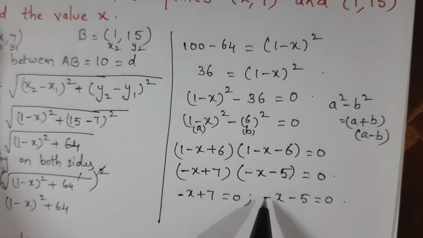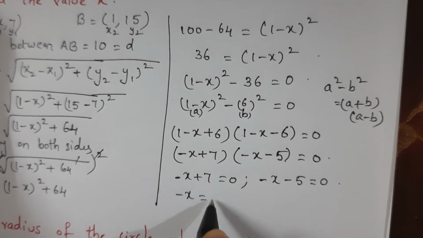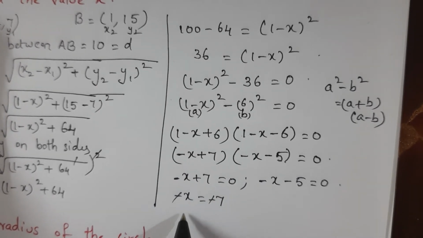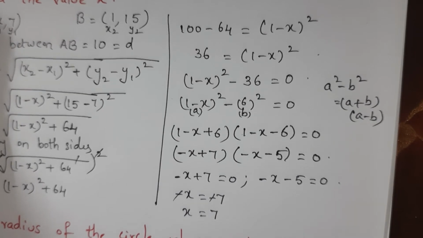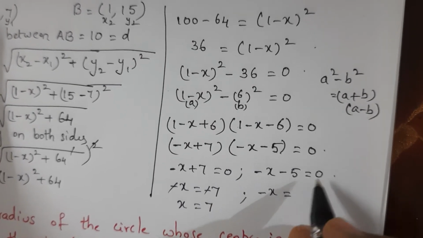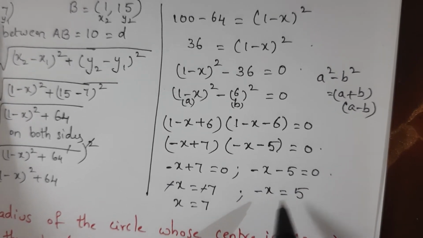So bring this plus 7 to the other side, then it becomes minus x is equal to minus 7. Therefore minus minus gets cancelled, x is equal to 7. Next in the same manner, minus x is equal to 5. So we need x value.